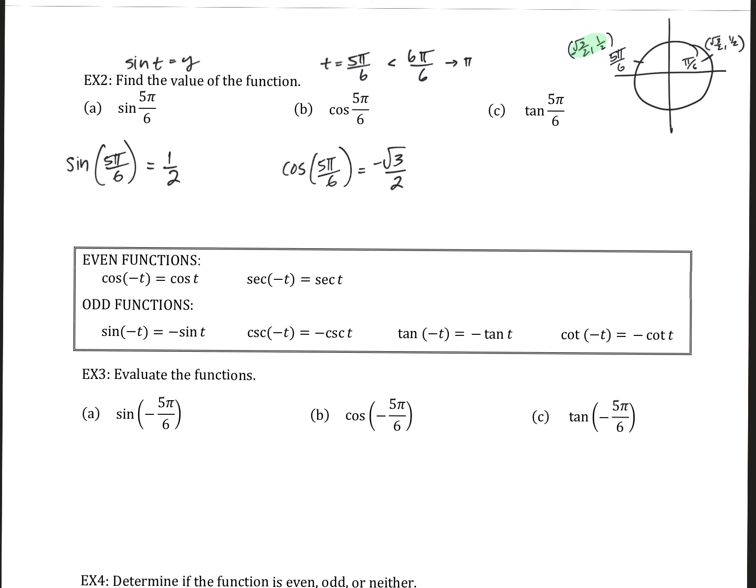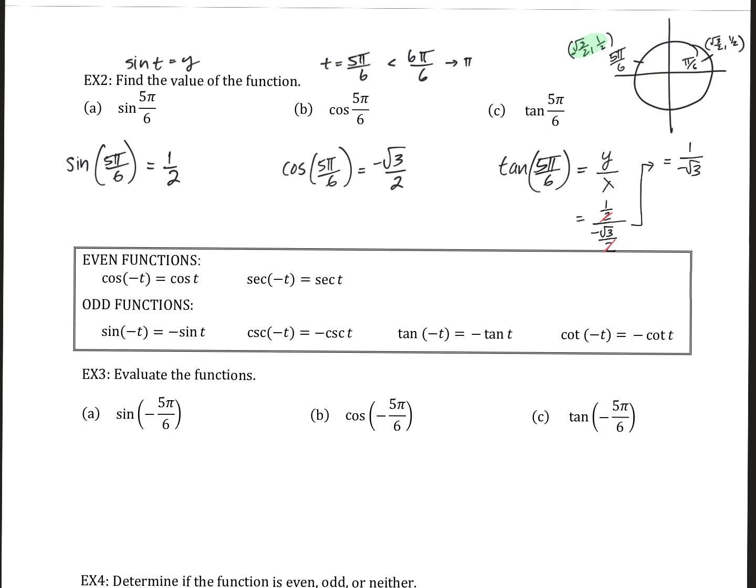And lastly, tangent. So tangent of 5 pi over 6, if you recall, tangent is defined as y over x. So y over x is going to be 1/2 over negative root 3 over 2. Ooh, we have that radical appearing in the denominator again. Let's go ahead and simplify the complex fraction there. And we'll have 1 over negative root 3.